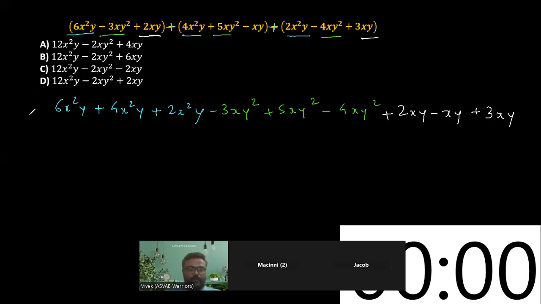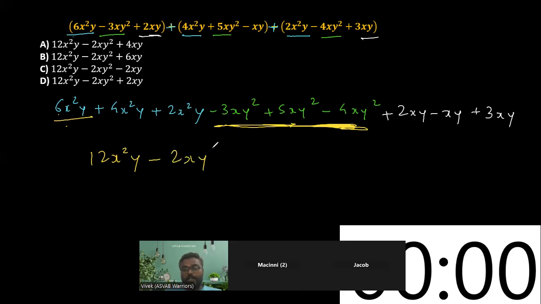Let us solve it now. 6x square y plus 4x square y plus 2x square y would be 6 plus 4, 10, 10 plus 2, 12x square y. Now, minus 3 plus 5 would be plus 2, plus 2 minus 4 is negative 2xy square.